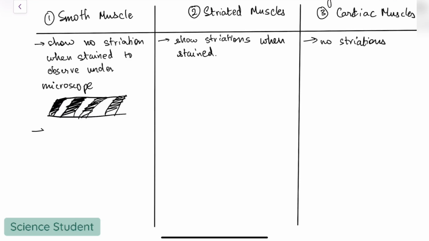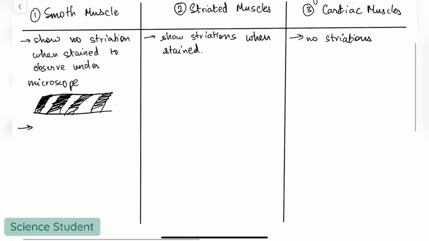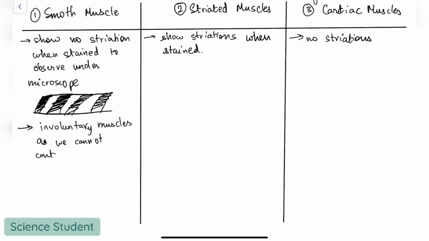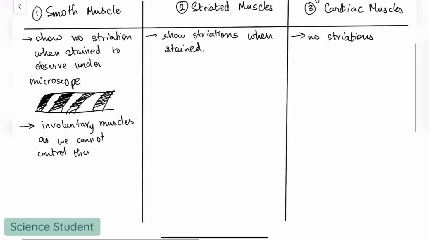The second point would be about comment about cells. So the smooth muscles are called involuntary muscles, as we cannot control their movement.